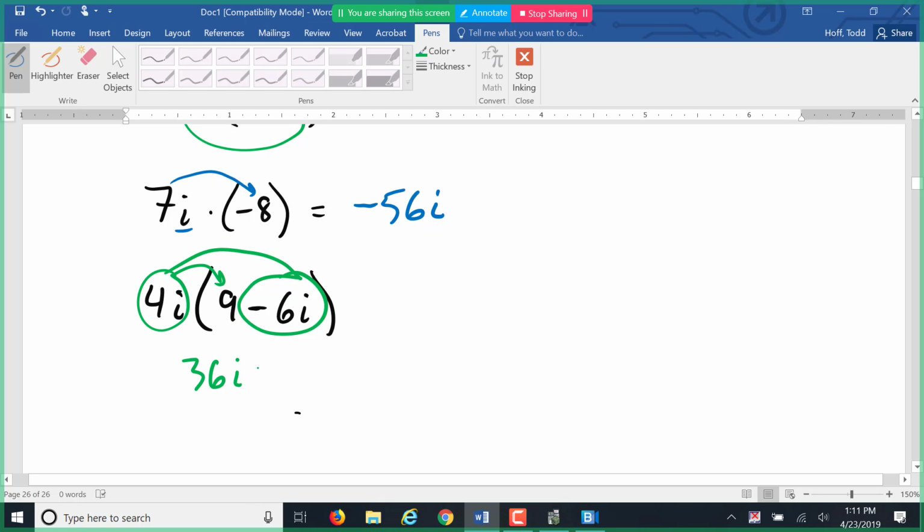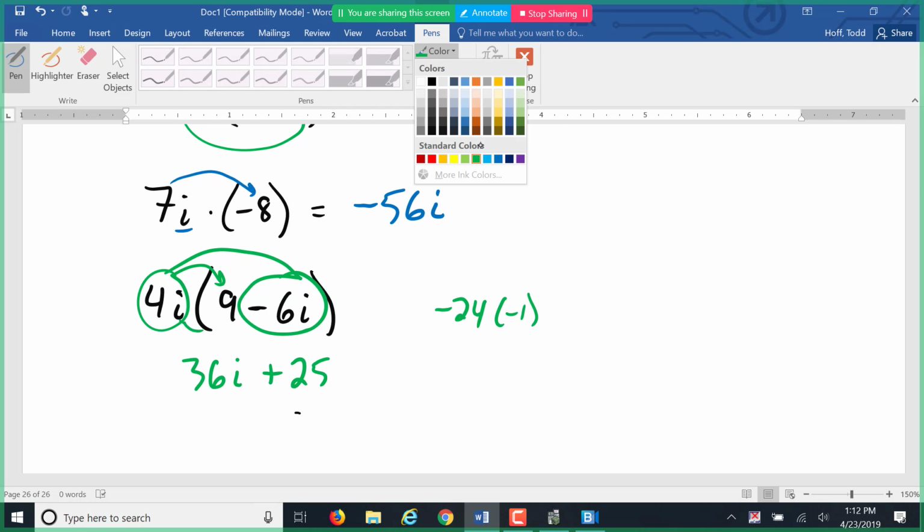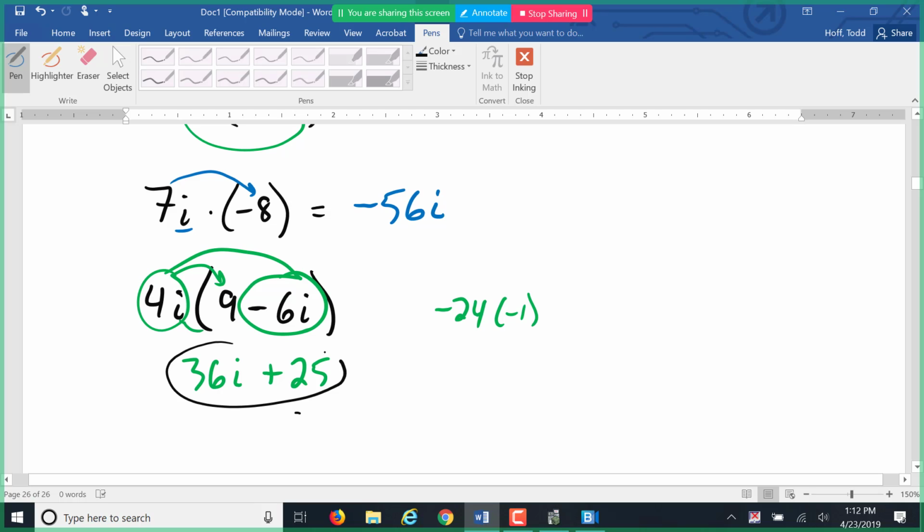Well, 4 times a negative 6 is negative 24. i times i is negative 1. Negative 24 times negative 1 is a positive 25. So we get 36i plus 25. Often that would get rearranged as 25 plus 36i, so that the real portion is first.